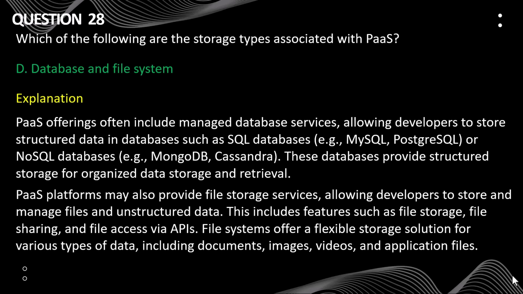Platform as a service provides file storage services that allow developers to store and manage their files and unstructured data. This includes features like file storage, file sharing, and file access through APIs. The other options listed do not represent the storage types associated with platform as a service. Volume and objects are more associated with infrastructure as a service. So the correct answer here is option D.